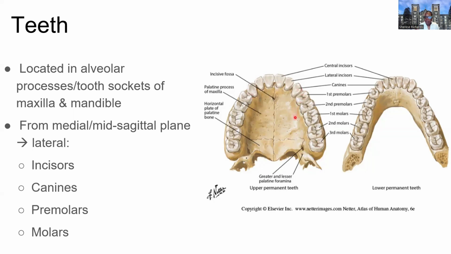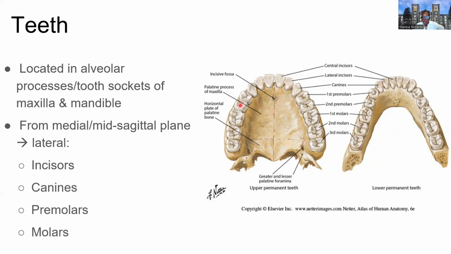And so they're going to be at the corners, much more pointy or sharpened, and really important in tearing or shearing of food. So the front sets of teeth, the incisors and canines, are really important for biting and tearing, right? For kind of separation of food.